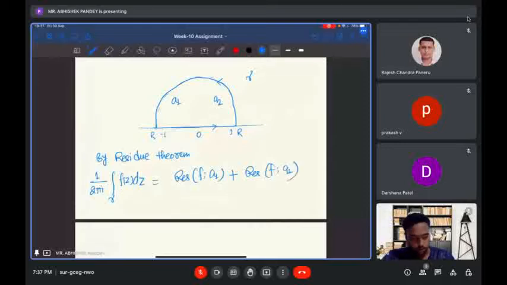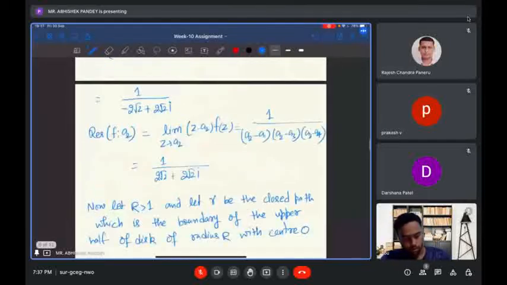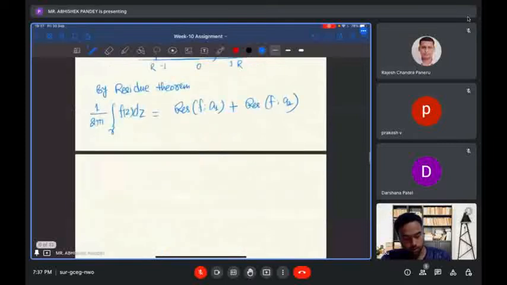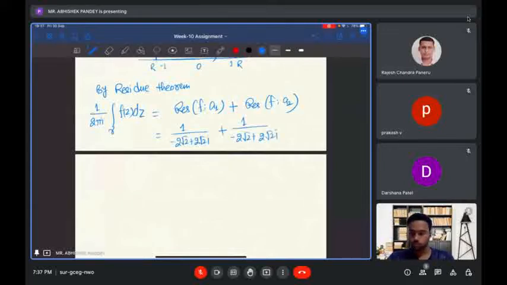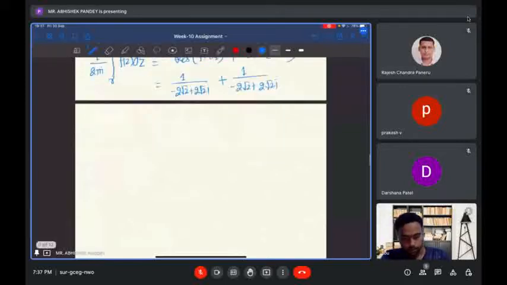Okay, so this is nothing but, once you calculate, you will get 1 upon minus 2 root 2 plus 2 root 2 i, plus 1 upon minus 2 under root 2 is 2 under root 2 of i.